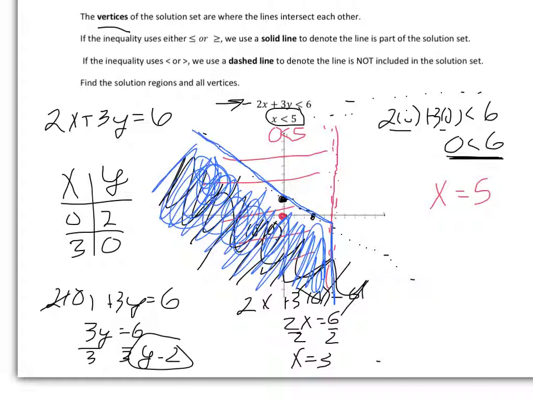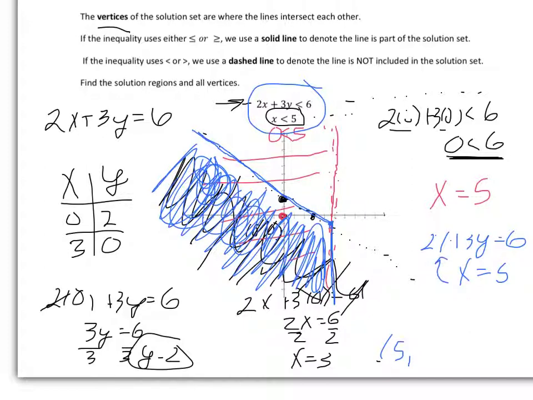Next thing we need to do is find the vertex. That is, we want to find the point where these two lines intersect. So we're really solving the system 2x plus 3y equals 6 and x equals 5. We know our solution is going to be (5, something). To find y, use substitution.